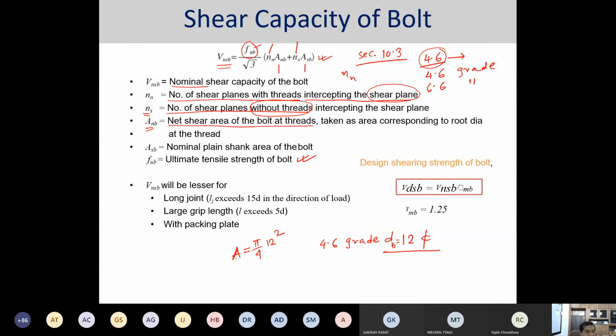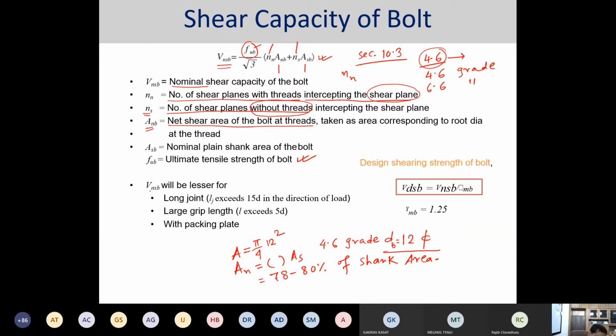This is called the total area. What is the threaded area? Threaded area would be some percentage of this shank area. Sometimes for ease of design, it is considered 78 to 80% of the shank area.